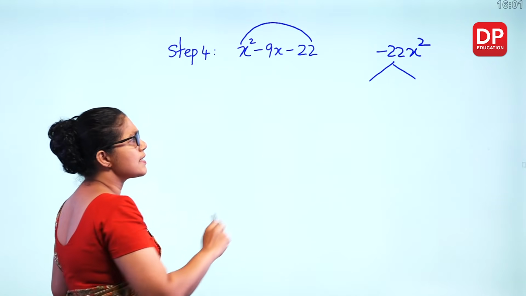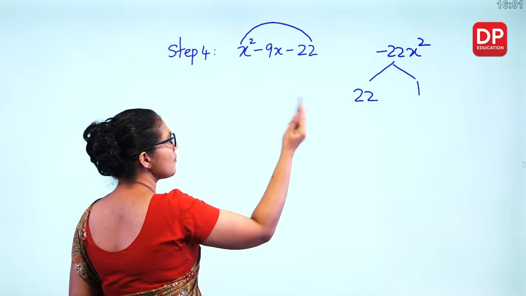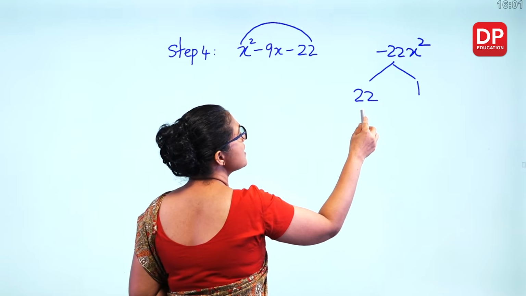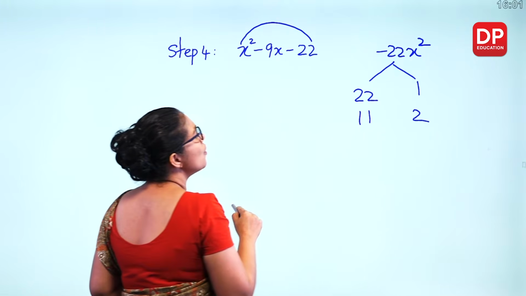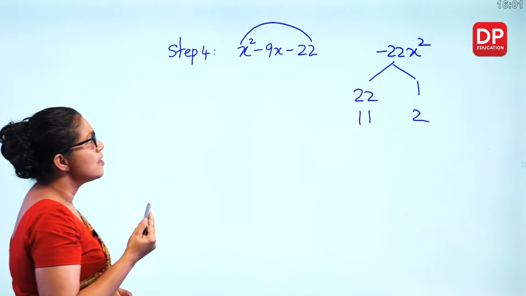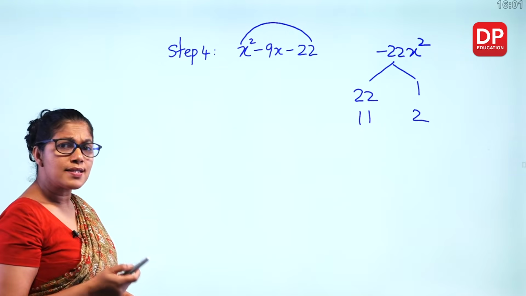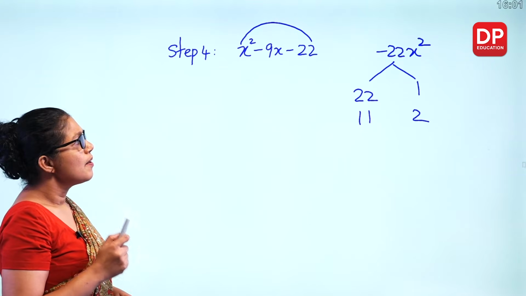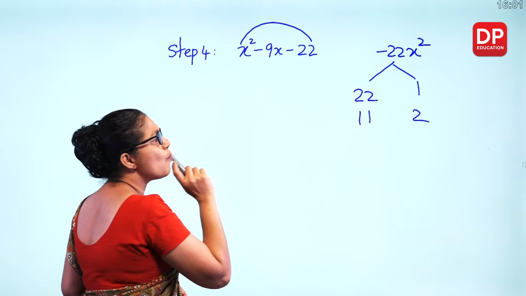So what are the factors? 22 times 1, and you get 11 and 2. What else? You get only those two. But the last term is minus, so you need to take one negative and one positive.